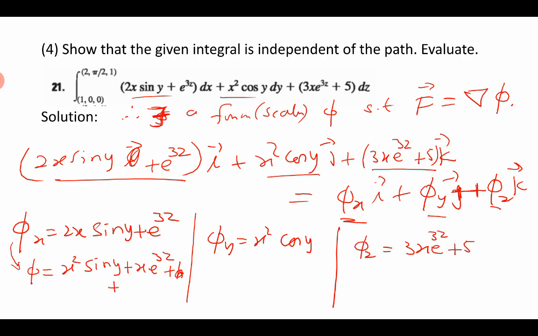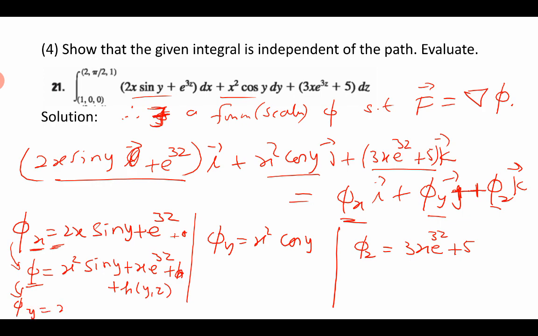Since this derivation gives 0 here, this function can be a function of not x but maybe y and z. So when you differentiate this phi with respect to x, you get this one. The third term has been 0, so it can be a function of y, z. So partial derivative with respect to x gives 0 here. So h of y, z. Now differentiate this one with respect to y.